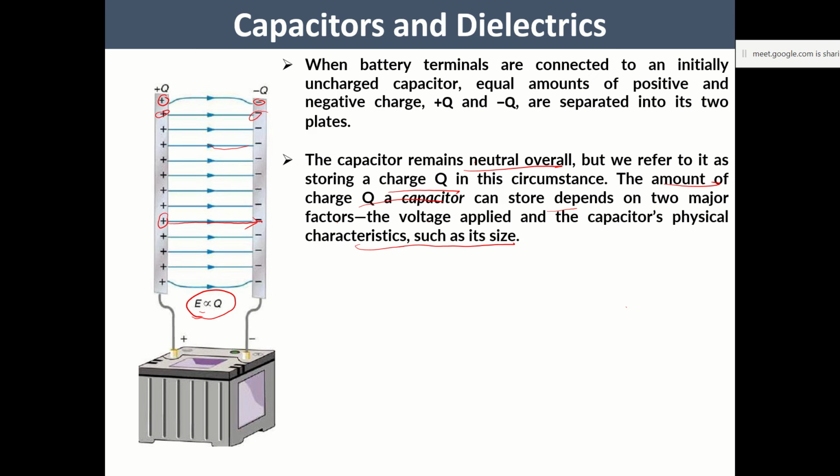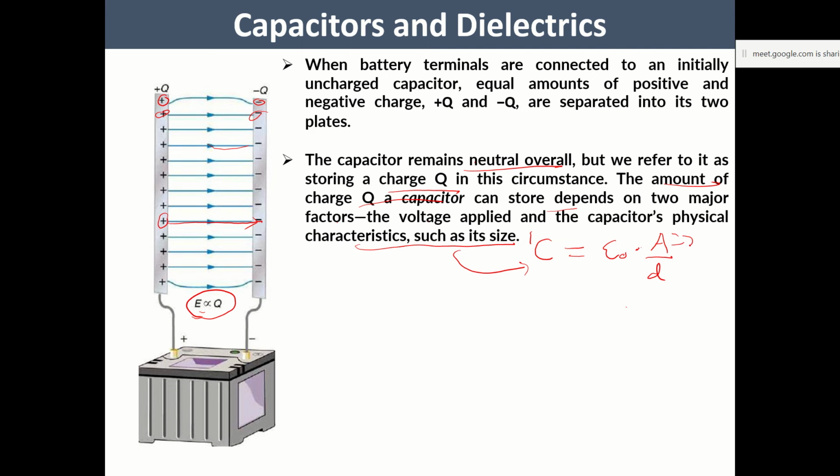If you know from your class 11 and 12, you must remember that capacitance is epsilon naught A by D. If the plates are in vacuum, then capacitance is defined as this, the capacity to store charges. Capacitance is the capacity to store charges, and that is given by this. So this is one of them, the dependence on size.